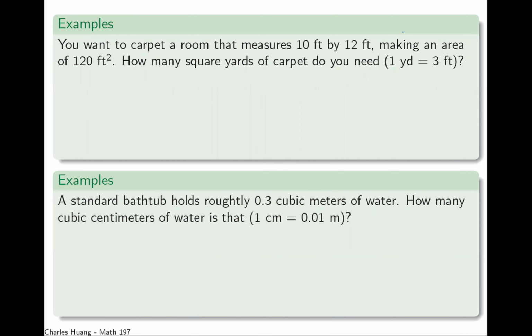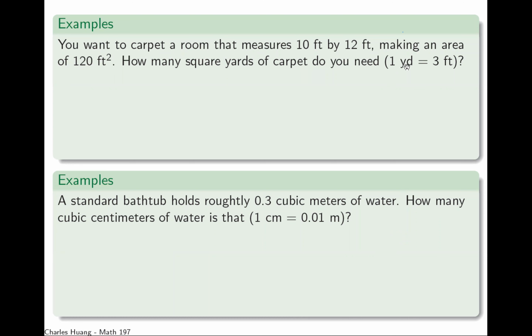Here we'll have 2 more examples. You'll notice that we'll always give you the conversion factor, so you don't have to worry about it. So in this question, we have 120 square feet. How many square yards is that?